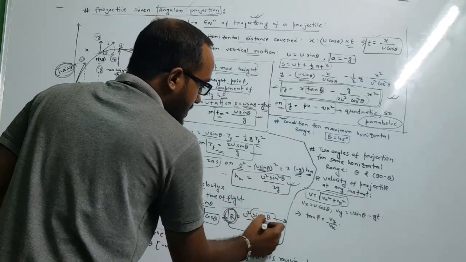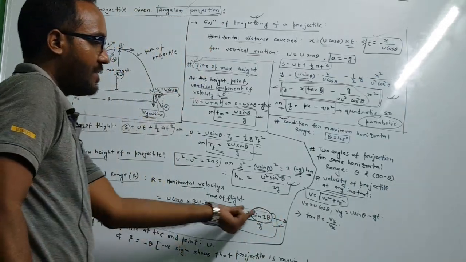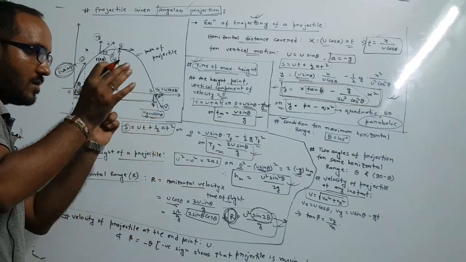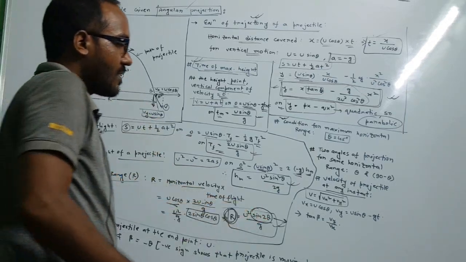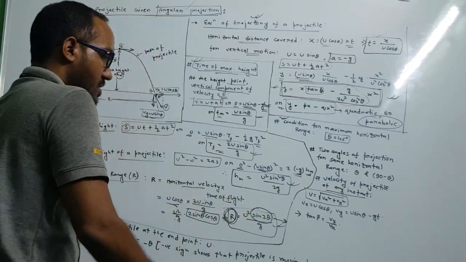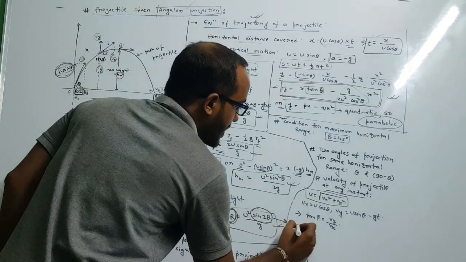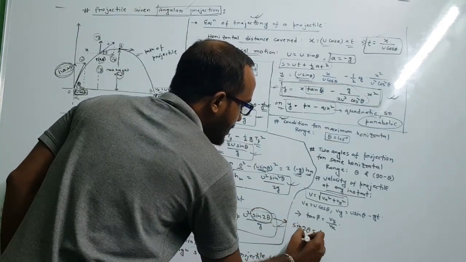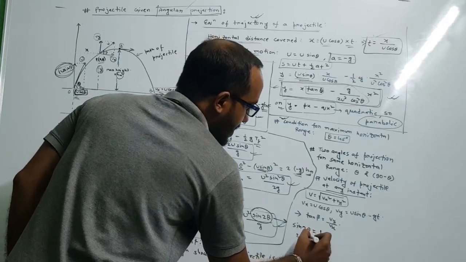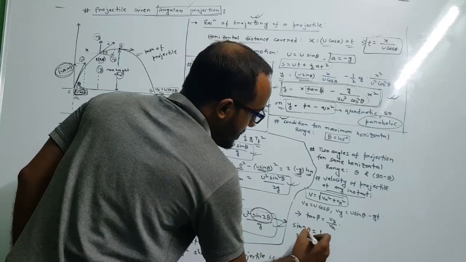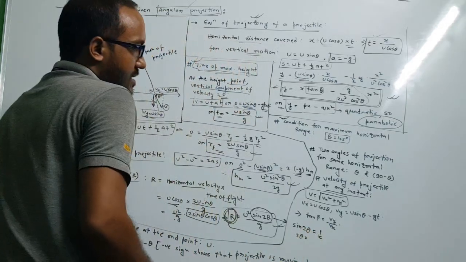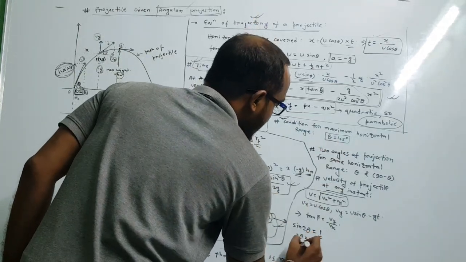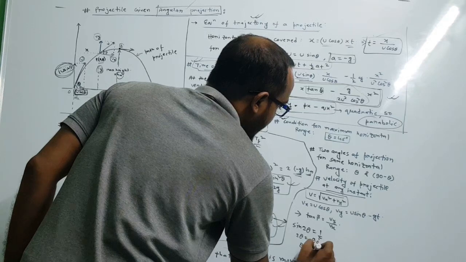See, this range would be maximum if sin 2 theta is plus 1, because we know the maximum value of sin is plus 1. So sin 2 theta is plus 1, so 2 theta would be sin inverse 1. Sin inverse 1 means 90 degrees. So that means theta is 45 degrees.